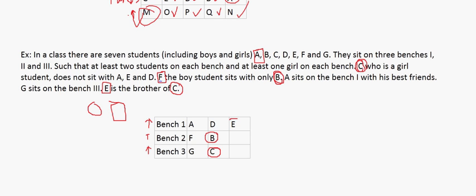We are sure that E is male, A is male, so D has to be a girl, because there is at least one girl on each bench. F is a boy. What we don't know is the gender of G. G can be a boy or a girl. Nothing is mentioned about G.